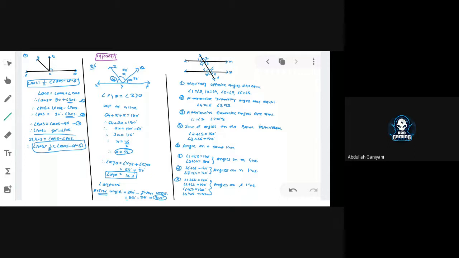Out of these, the first three, vertically opposite angles, alternate interior angles and alternate exterior angles, are always equal. And the last two, angles on the same transversal and angles on the same line, are supplementary angles, meaning the sum of these two angles is always 180 degrees. Clear, all of you?